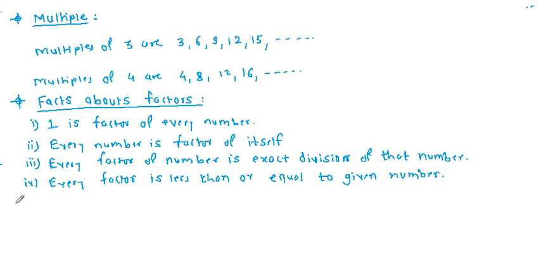And the fifth point to remember is that every number has finite or countable factors. That is, we can easily count the number of factors of a given number. So there is a limited, or finite, number of factors of a number.